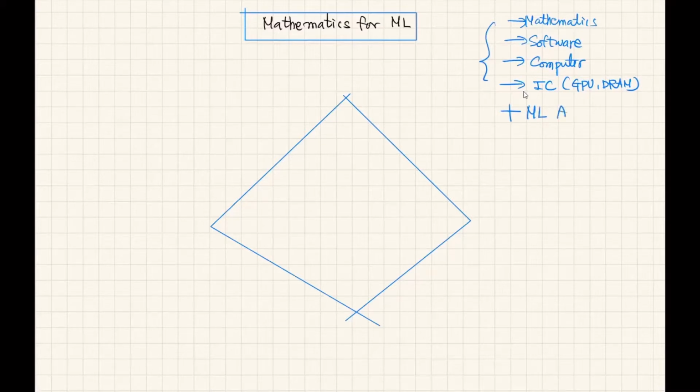If you add AI algorithm to this, I think you become an AI expert.